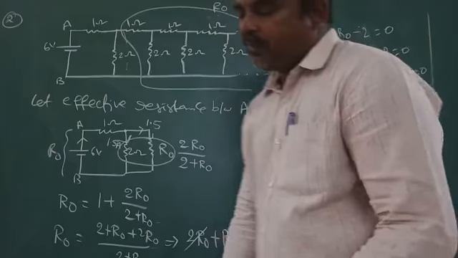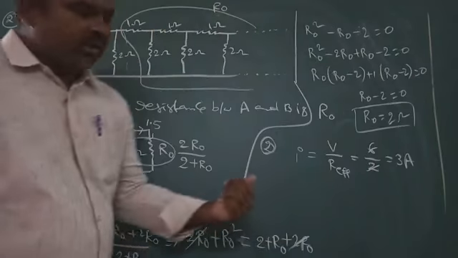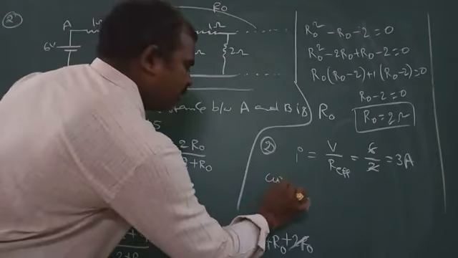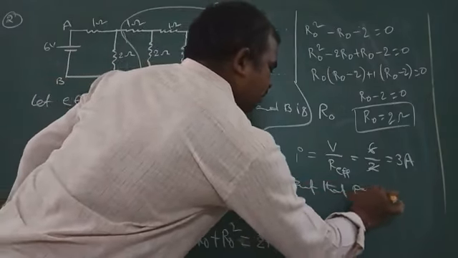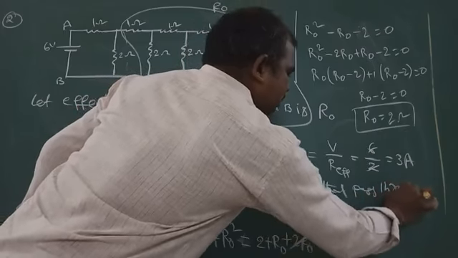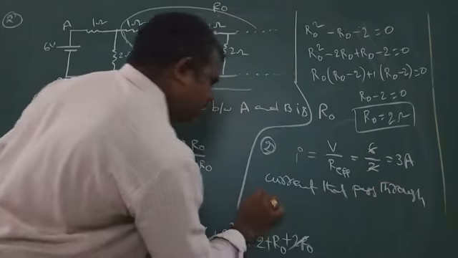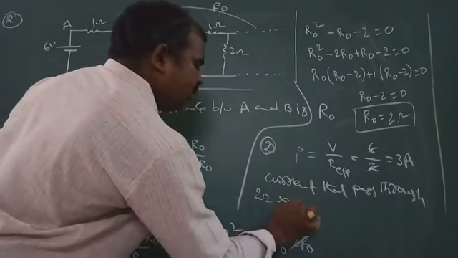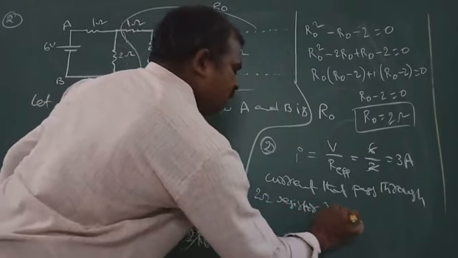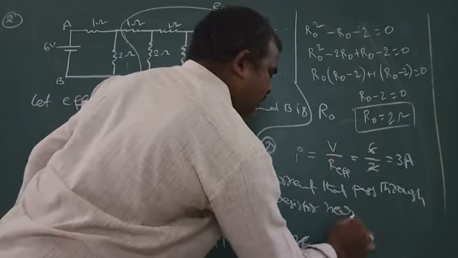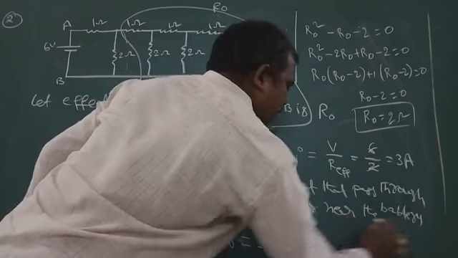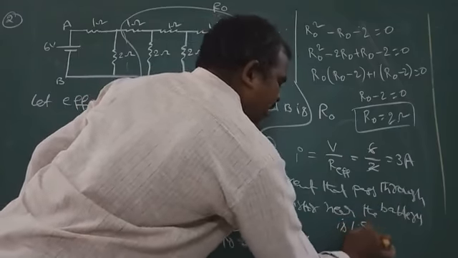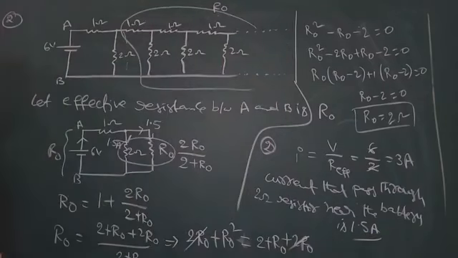The current that passes through the 2 ohm resistor near the battery is 1.5 amperes. Why 1.5 amperes?